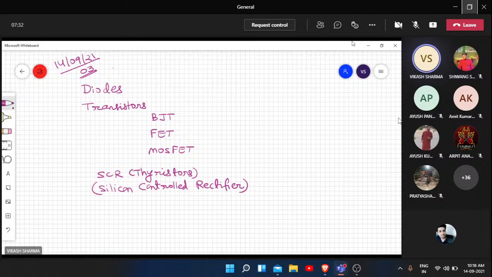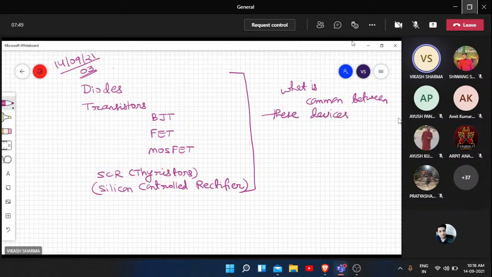Now, what is common between these? Let me understand the fundamental thing.